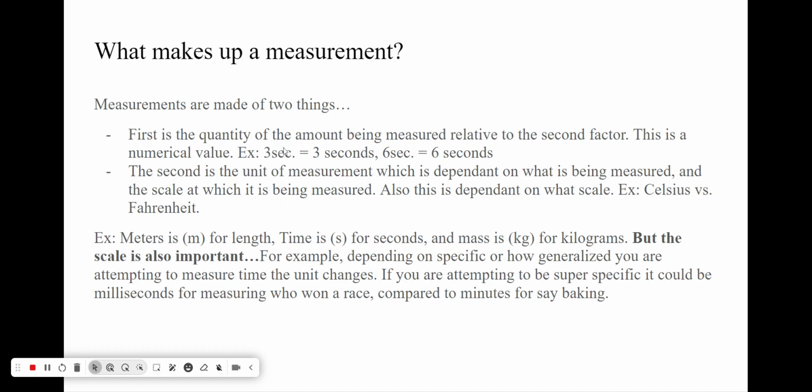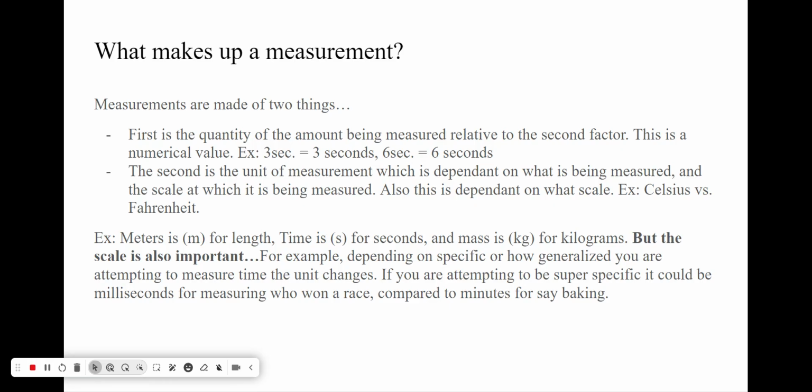Alright, so an example of this would be length is measured by meters, time is s for seconds, and mass is kg for kilograms. But the scale is also essential. Depending on how specific or how generalized you are attempting to measure, say for example time, the unit changes.